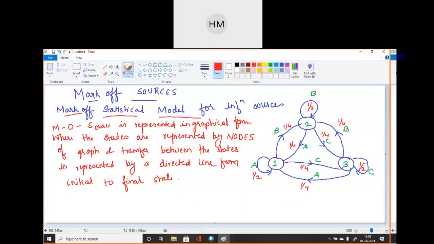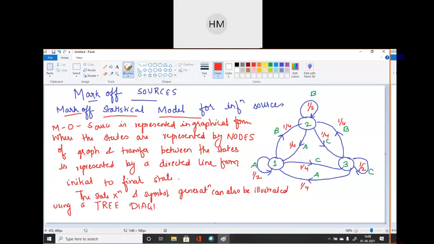Next line, write down: the state transition and symbol generation can also be illustrated using a tree diagram.